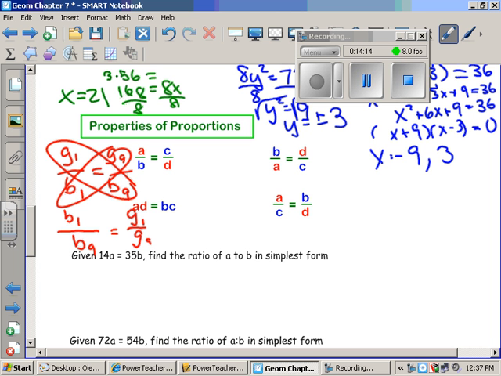You would get the same answers if you were solving for one of the missing pieces. Either way you wrote this, as long as the means and extremes go together. So as long as AD and BC go together, you can write it any way that you want. Does that make sense? Okay? Including as a product.